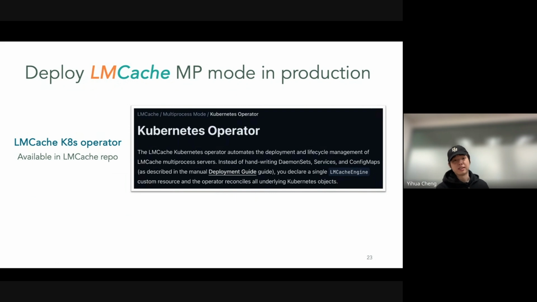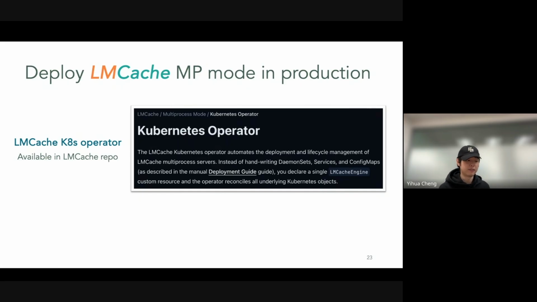The first thing, talking about production deployment, is how do we deploy this into a Kubernetes environment. We just recently released the LMCache operator, or LMCache Kubernetes operator, which is available in the current LMCache repo.